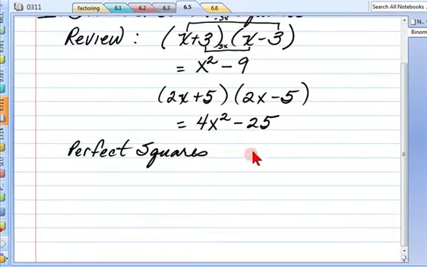Okay, a number and its square. All right, 1 squared is 1. 2 squared is 4. 3 squared is 9.